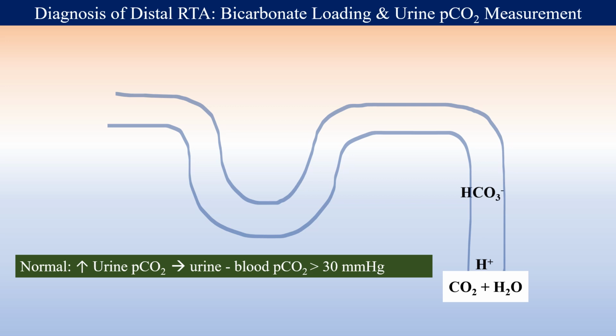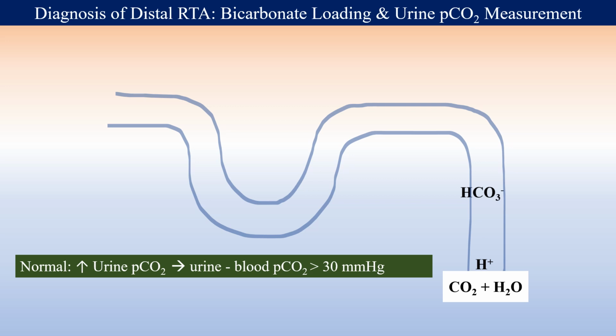The urine PCO2 level will increase and become higher than that in the blood. In normal patients, the difference between the urine and blood PCO2 levels will be at least 30 millimeters mercury.